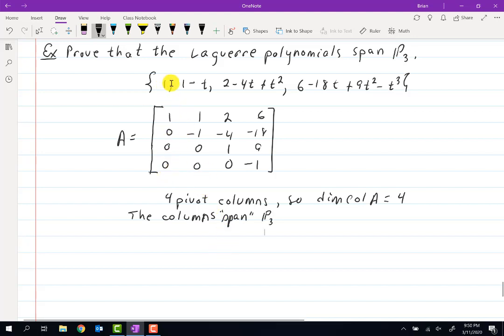They're not these, but they are just like them. So the columns span P3, and they are linearly independent. So they form a basis.